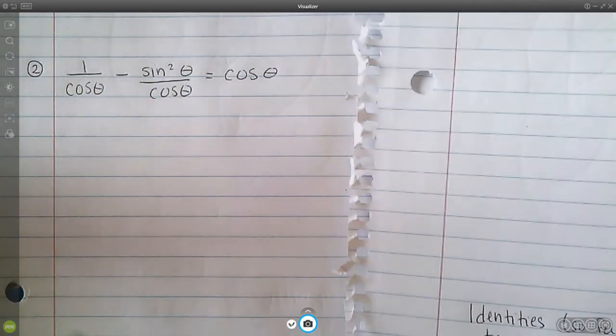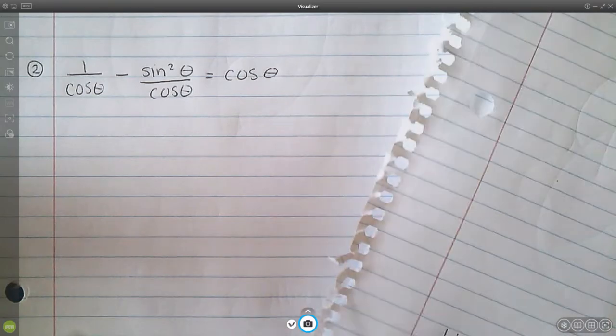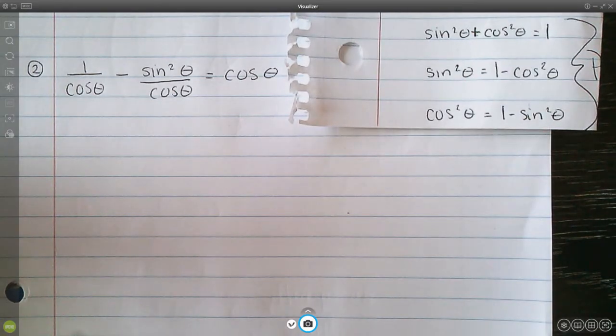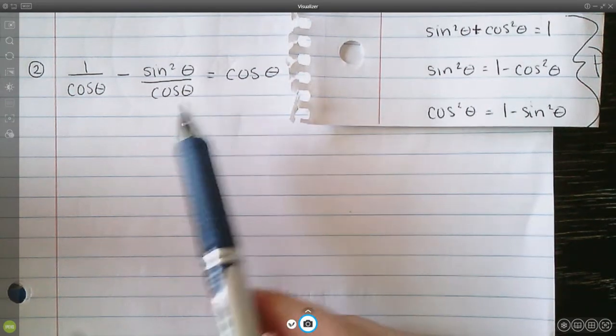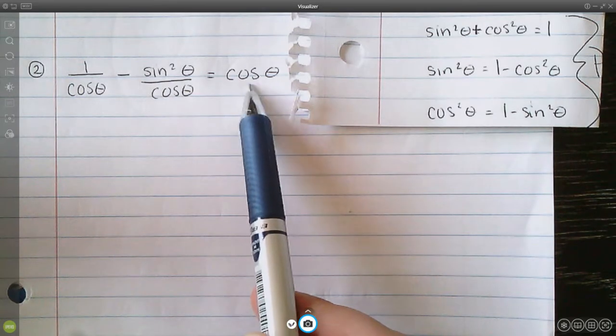Okay, so let's try this guy. All right, so first you can look to see if you can substitute anything. So let's first say this side is simpler, so we want this side to look like this when we're done.